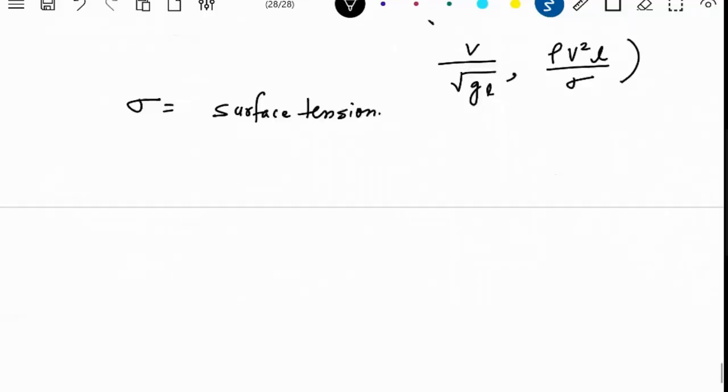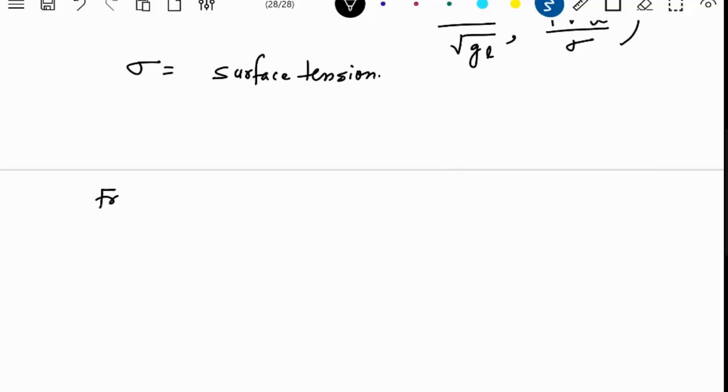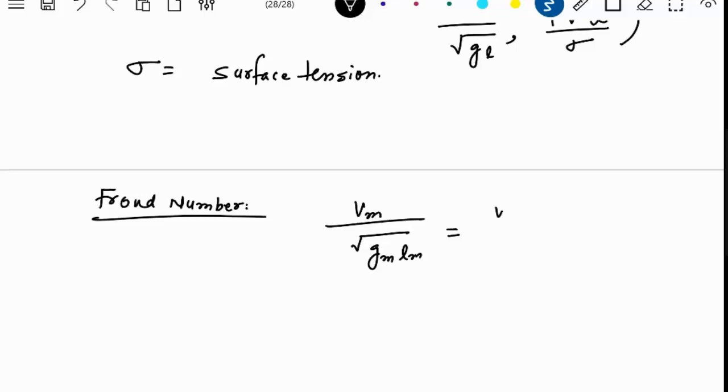So now, once again, you have to equate this. If you want to write design equations, you have to apply Froude number similarity. This will be V by square root of gL.